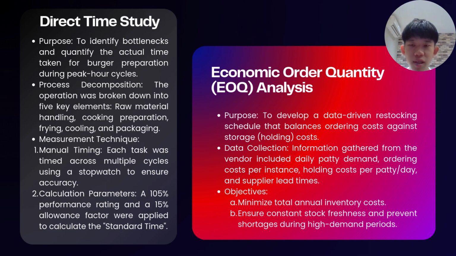For the direct time study, the main purpose and objective is to identify bottlenecks and quantify the actual time taken for burger preparation during peak hour cycles. While for the economic order quantity or EOQ analysis, the main purpose is to develop a data-driven restocking schedule that balances the ordering cost against the storage cost.